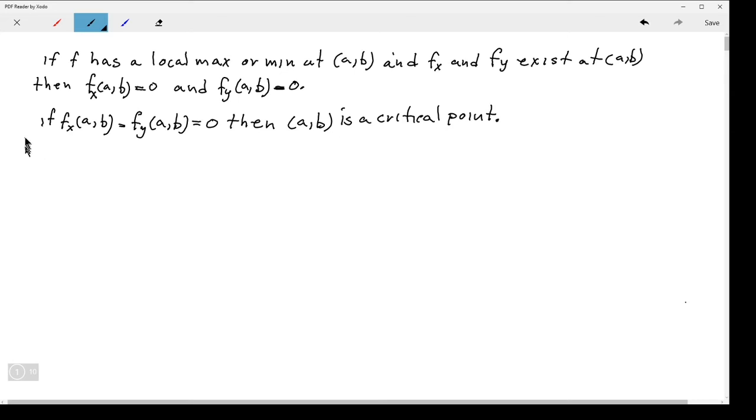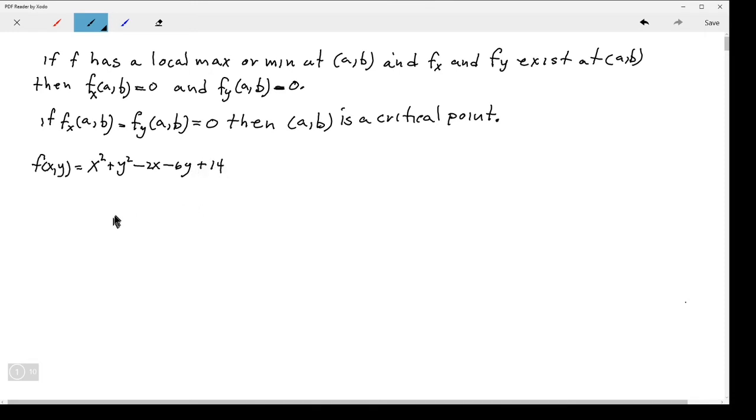Well, let's start with a function. So I have a function here, f of (x, y) is x squared plus y squared minus 2x minus 6y plus 14.